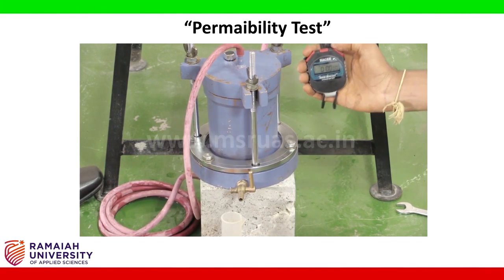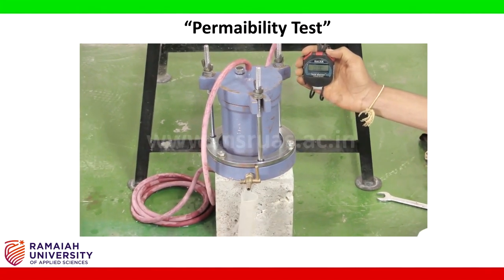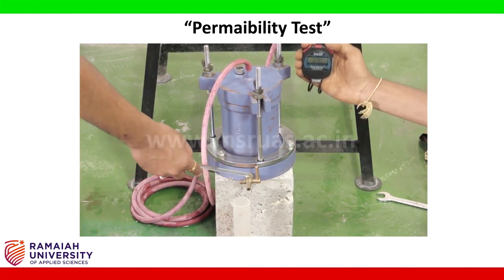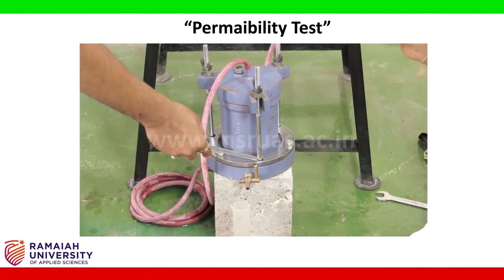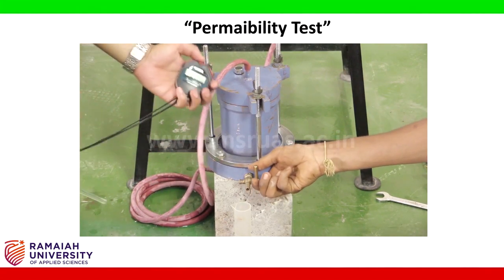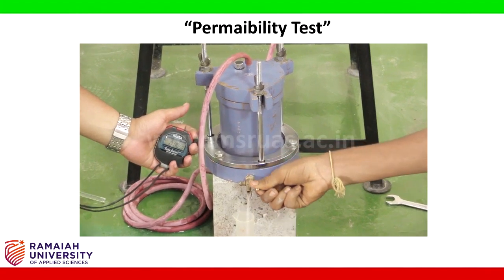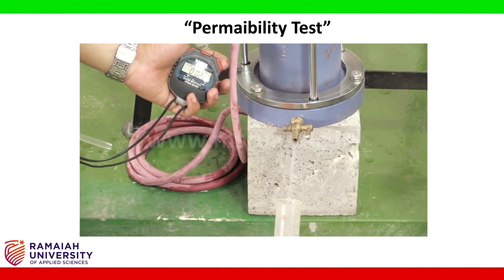So we shall start with the experiment. I would have measured the head by now, and then I open the exit tap, and the moment he opens the exit tap, I switch on the stopwatch.